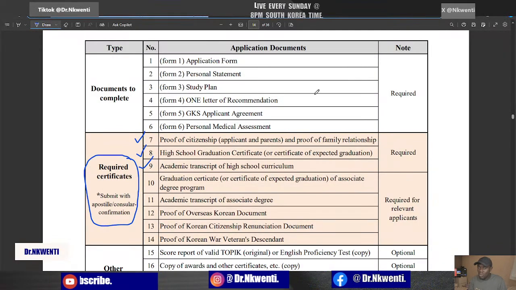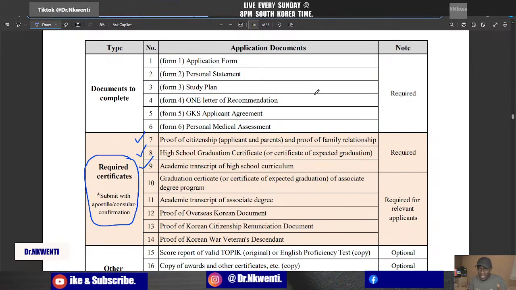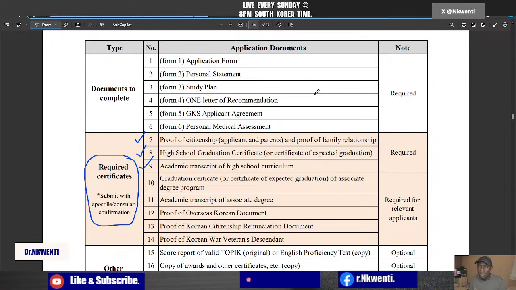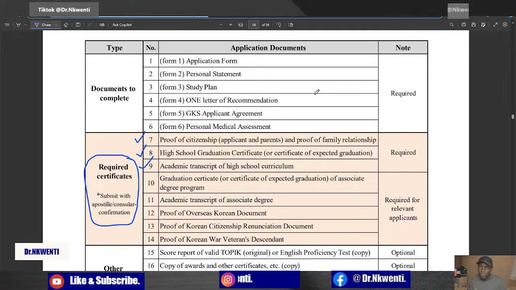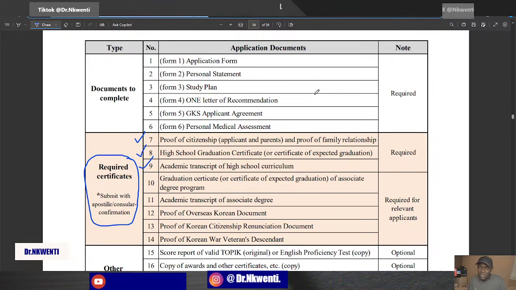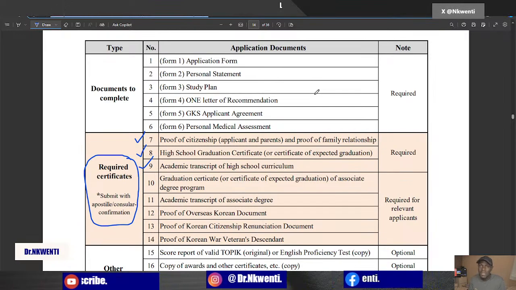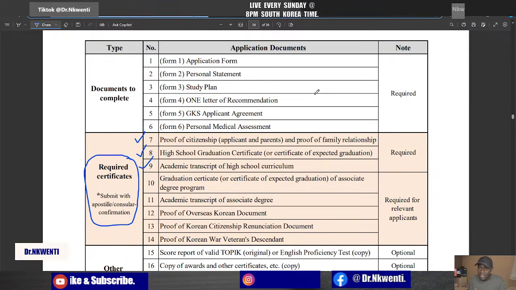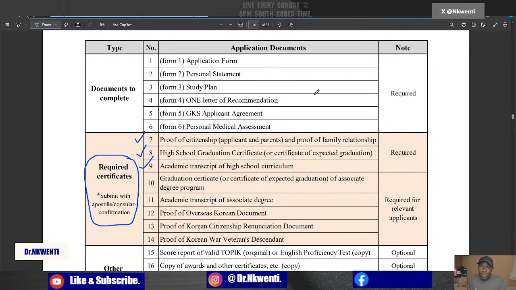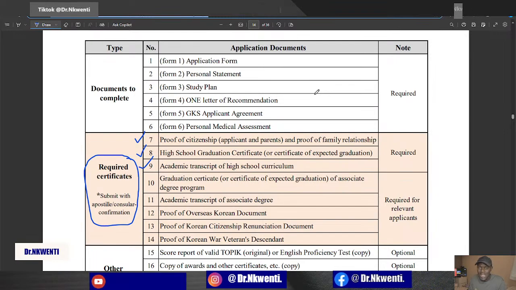This is for you to do a bachelor's degree, and the only way they can grade you is by looking at your high school transcripts or your grade documents, a document that carries your grades, the subjects that you studied. And the next one is a document to prove that you have actually graduated from high school.